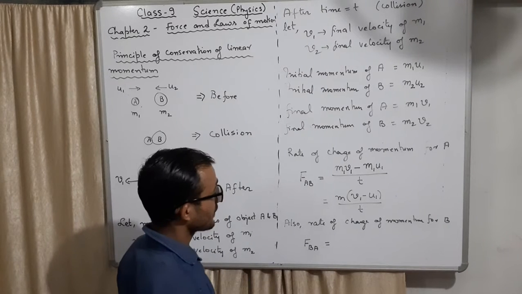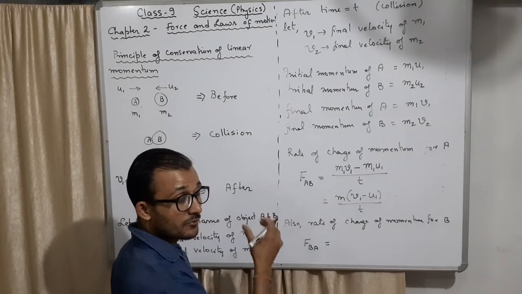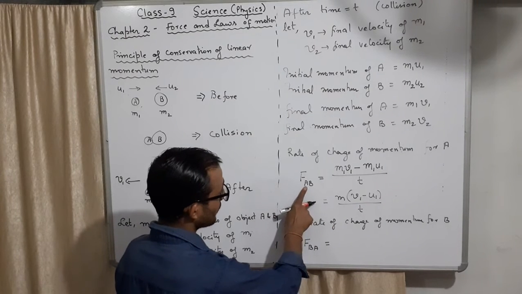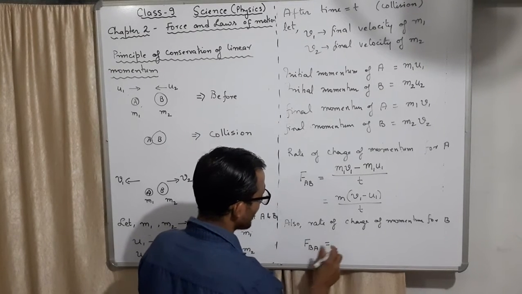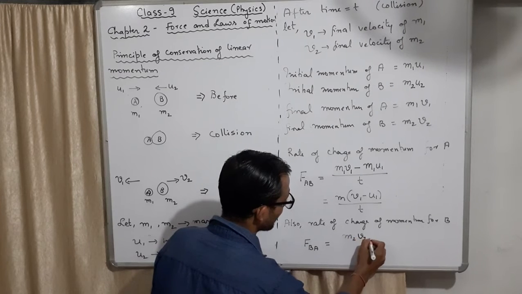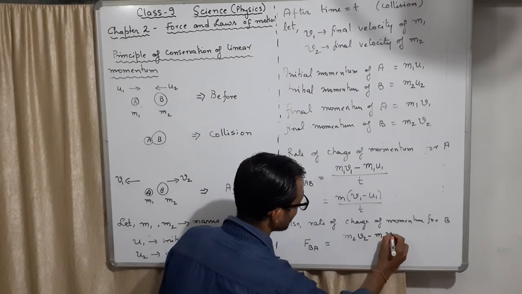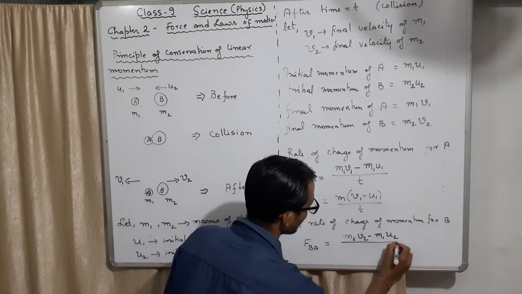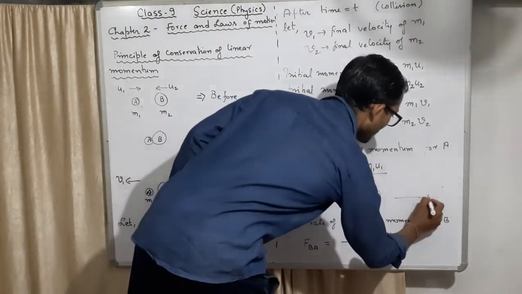Because of A it collided; A came and hit B. B will also say the same thing: A came to me and hit me. So that is why there is force on A due to B, and force on B due to A. The force on B due to A is the rate of change of momentum of the second object divided by T. Take common just like this. This will be equation 1.